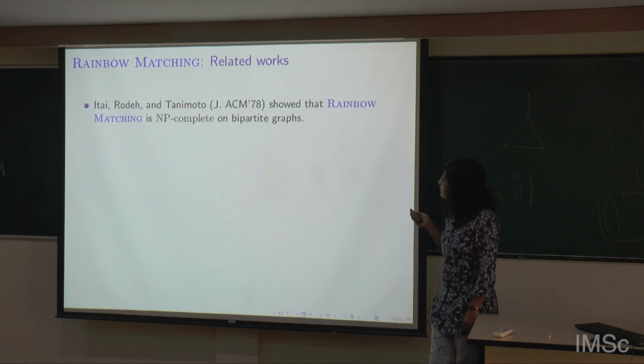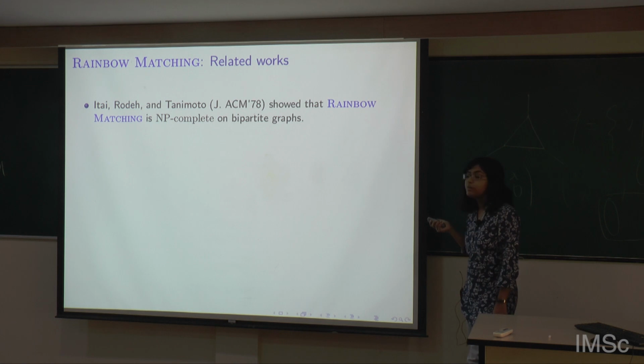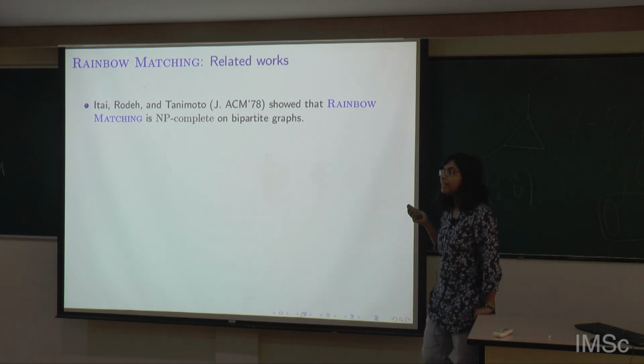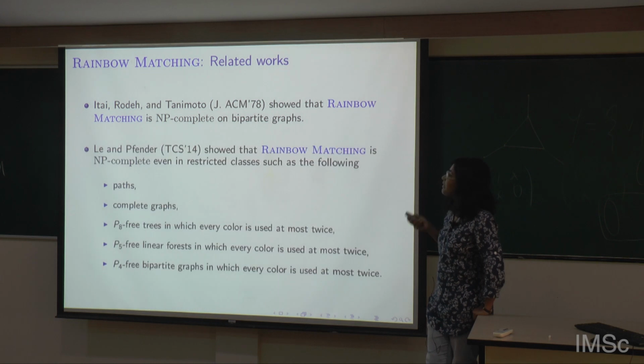Let's look at some related work. As I said, this is an old problem. In JCM 78, this problem was shown to be NP hard for bipartite graphs, and it even turns out, for better or worse, to be NP hard for very restricted classes of graphs such as paths, complete graphs, and very small trees.